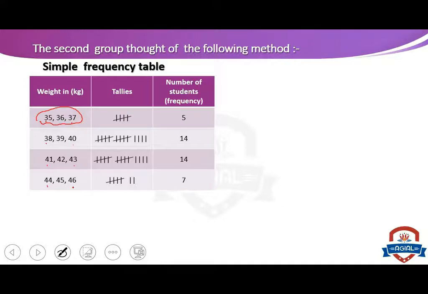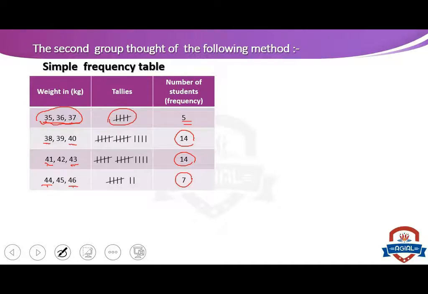How many students weigh from 35 to 37? 5 students, and they used 5 tally marks. How many students weigh from 38 to 40? We have 14 students, and from 41 to 43, 14 students, and from 44 to 46, 7 students.